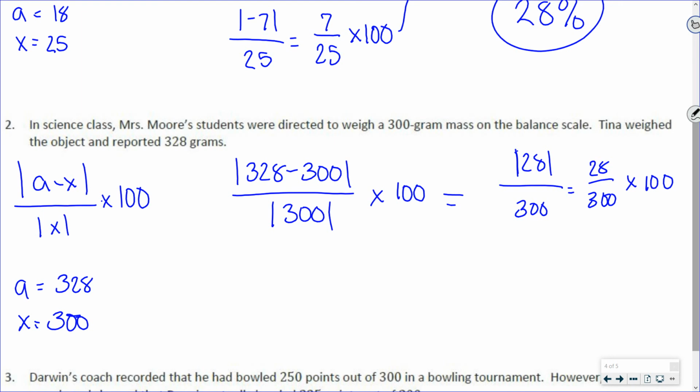Don't forget about the 100. Yes, I took it out in the middle part, but we don't want to forget about it at the end. So 28 divided by 300 equals a nice little decimal again, so we're going to times it by 100, and we get a percent error of 9 1/3%.